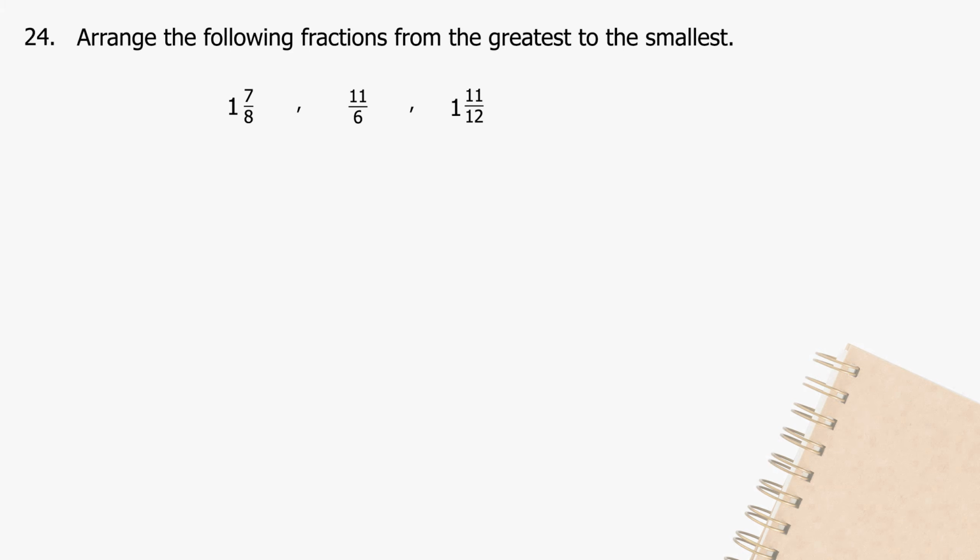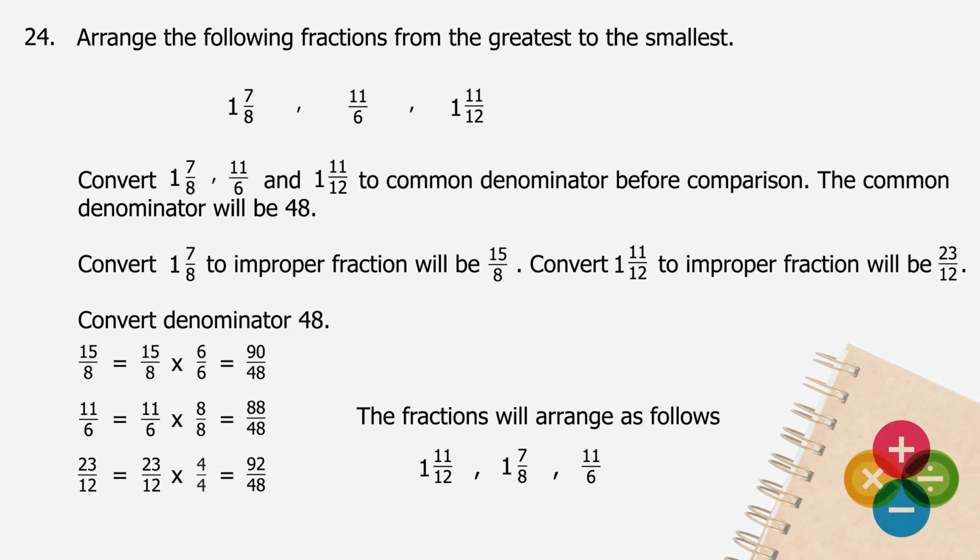Question 24. Arrange the following fractions from the greatest to the smallest: 1 and 7 over 8, 11 over 6, 1 and 11 over 12. Convert all the fractions to a common denominator.